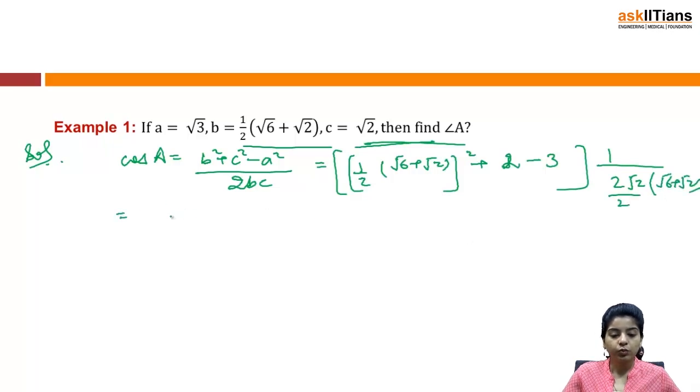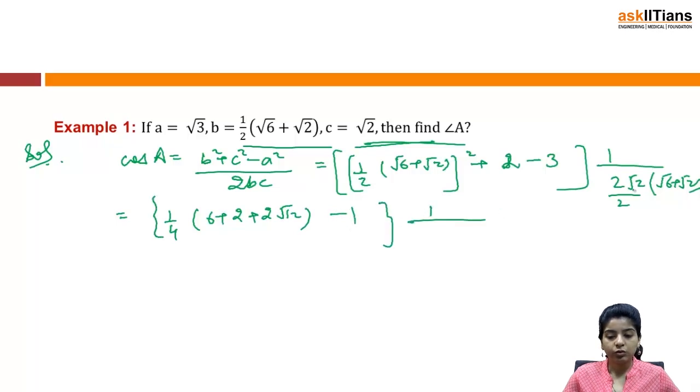So this is equal to 1 by 4 into b square plus 2 root 12 plus 2 minus 1. This 2 gets cancelled, and in denominator we have root 2 into root 6 plus root 2.